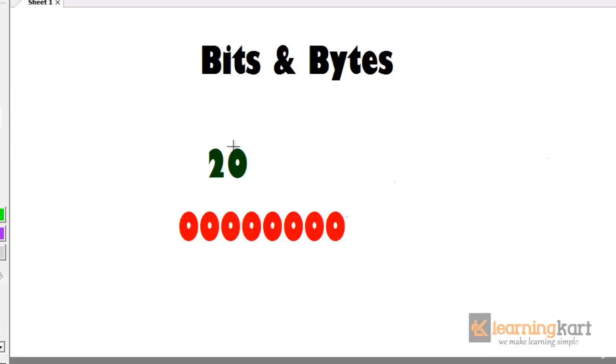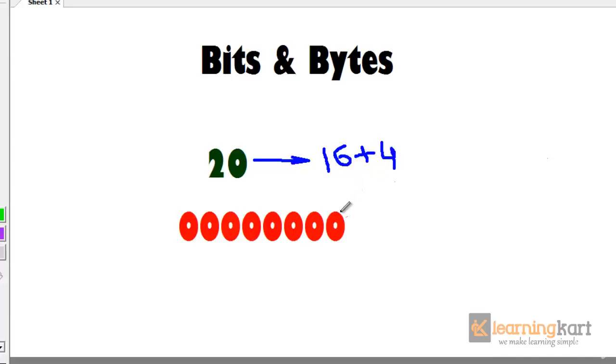If we break 20 into factors which are multiples of 2, we have 16 plus 4. These are the factors of 20 that are multiples of 2.